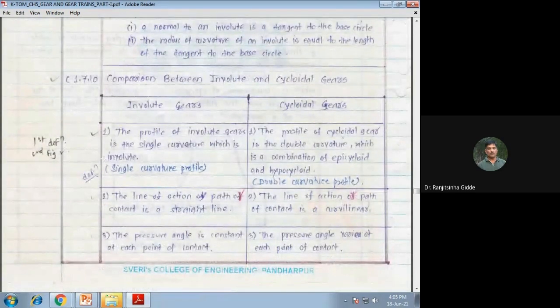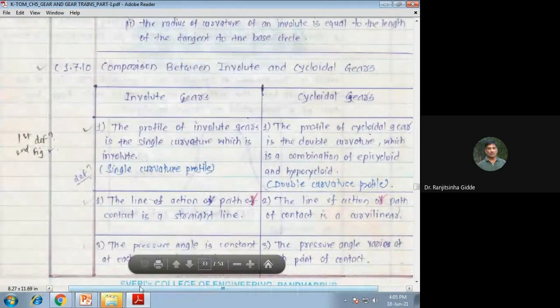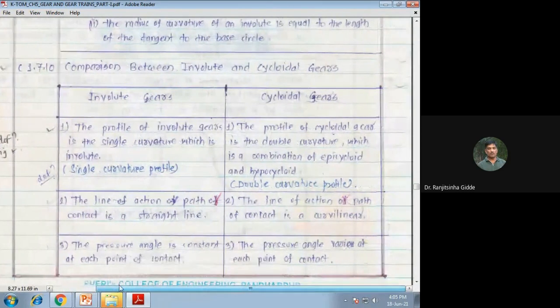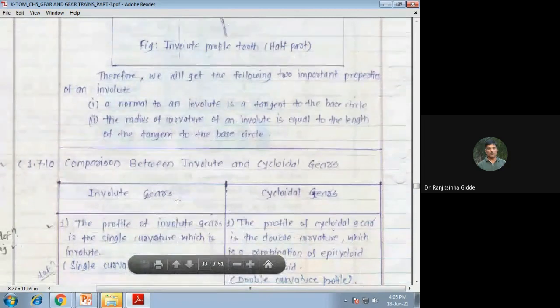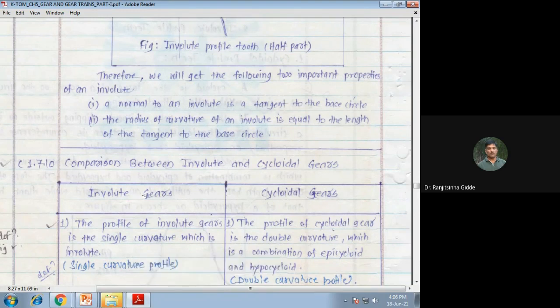Okay, this way you are going to write. Write involute gear or involute tooth profile, or involute gears, cycloidal tooth profile or cycloidal gears.